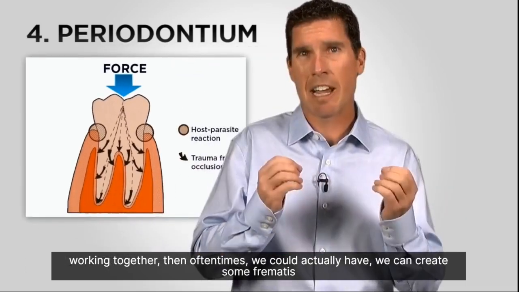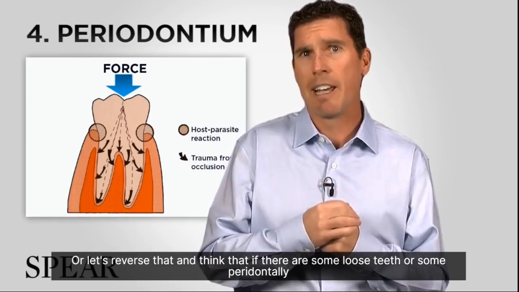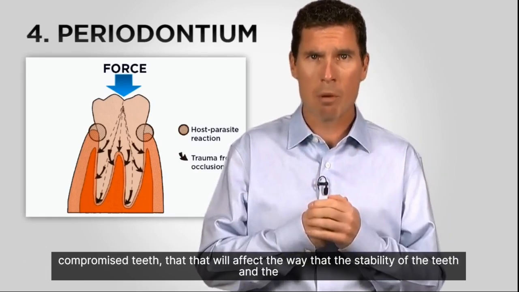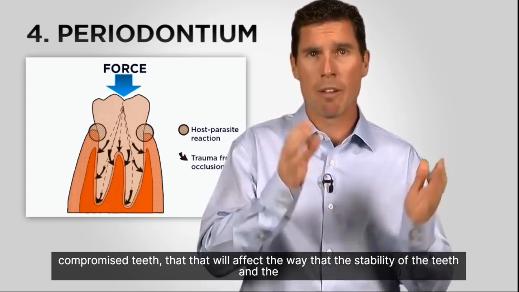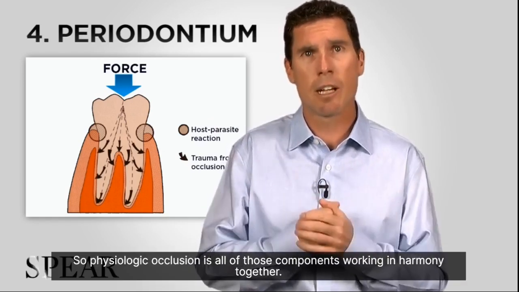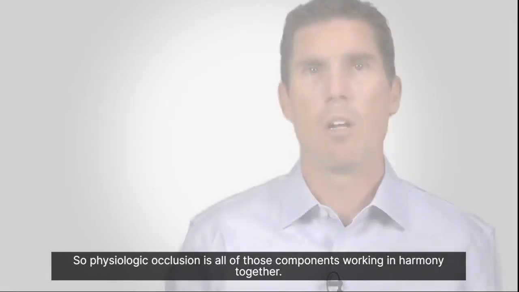oftentimes we can create some fremitus or loose teeth, or let's reverse that and think that if there are some loose teeth or some periodontally compromised teeth, that will affect the stability of the teeth and the rest of the system. So physiologic occlusion is all of those components working in harmony together.